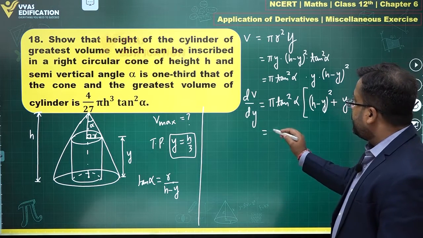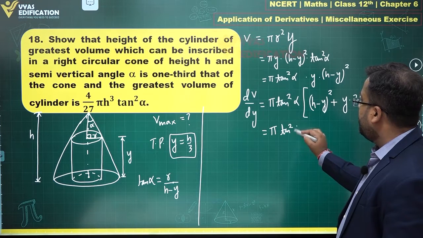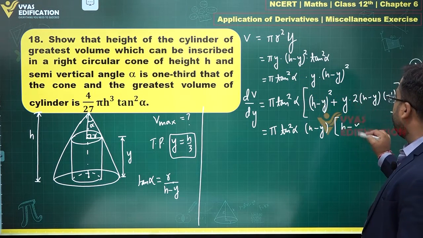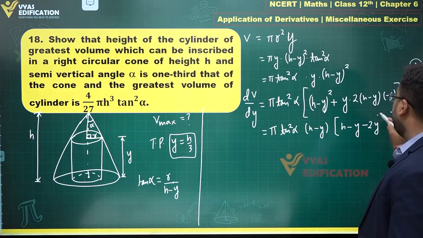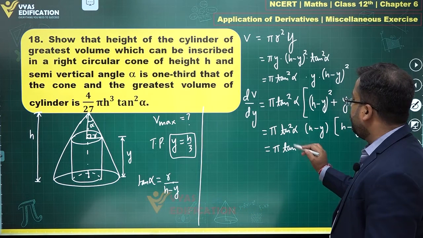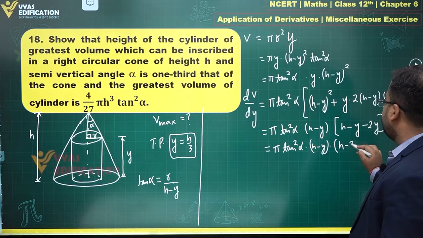Applying the chain rule and the product rule simultaneously, you see h minus y coming out, pi times tan square alpha times h minus y, and what remains is h minus y minus 2y, right? Please observe this. This is h minus 3y. So pi tan square alpha is all okay, h minus y is okay. This is h minus 3y.